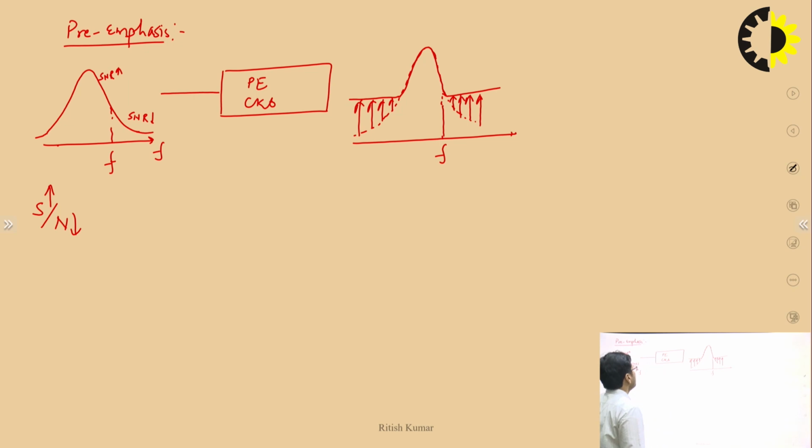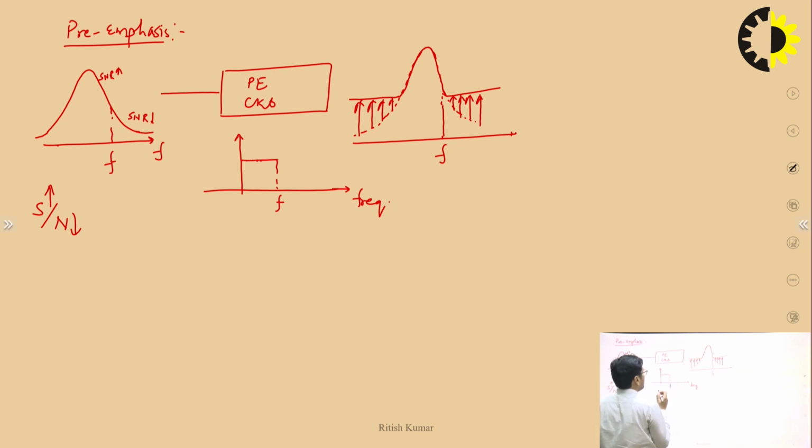So what should the system look like? Up to f there is no problem, so you need to take the system response as constant by nature, and above f you need to increase the signal strength.